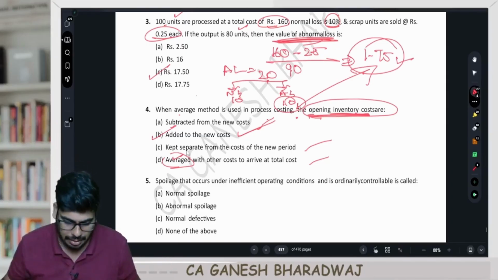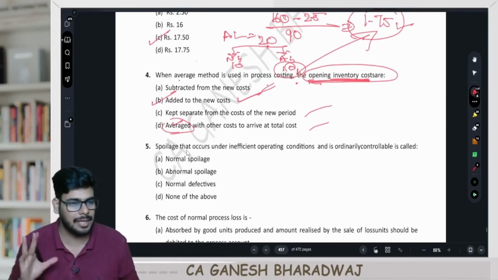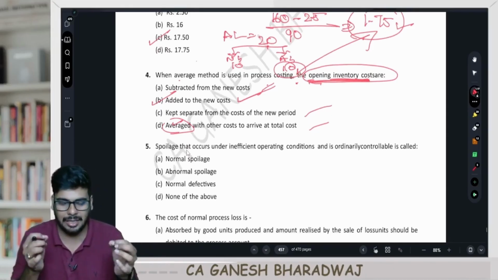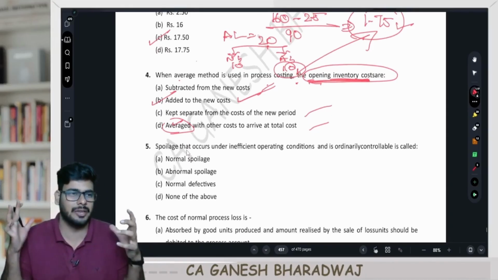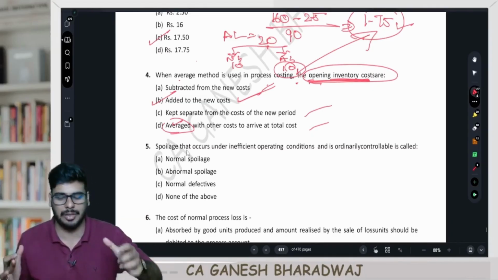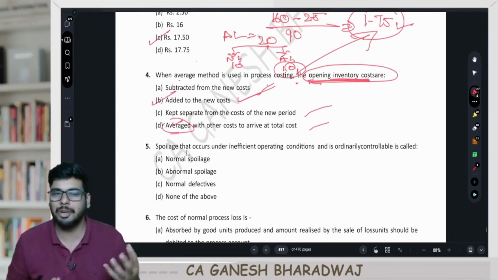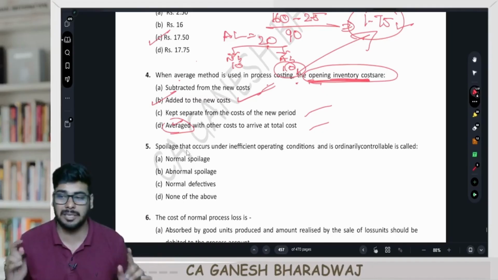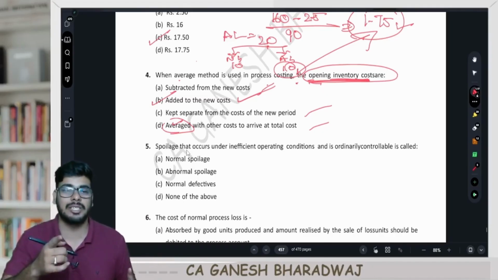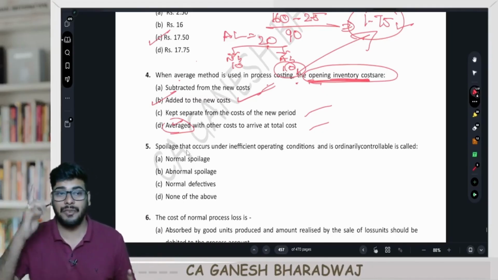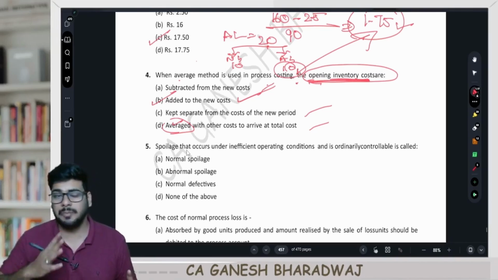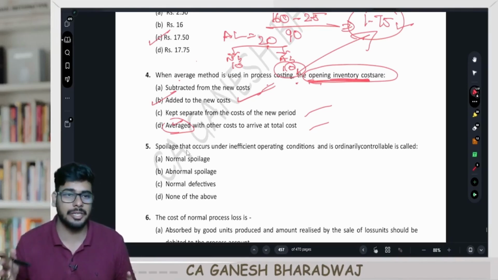Right. Then question number 5. Read it carefully. That's all. You have a little bit of carelessness. Please be focused here. You will get it. You know everything. Because of carelessness, you can't afford it. 6 months is no joke. You have taken all these efforts. That's why I keep telling you guys are very, very sincere. Not many people take this level of efforts that you guys are taking.